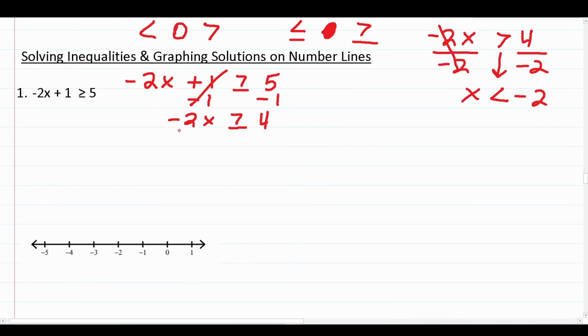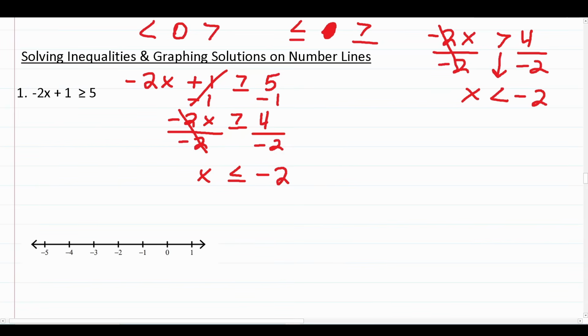All right, so now we got to divide both sides by negative 2 to get x by itself. This crosses out. But what did I just do? I just divided across the inequality sign by a negative value. So I have to change its direction from greater than or equal to, to less than or equal to. And this is 4 divided by negative 2, which is going to be negative 2.